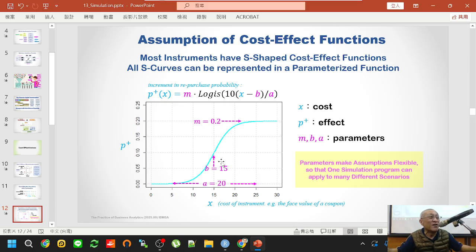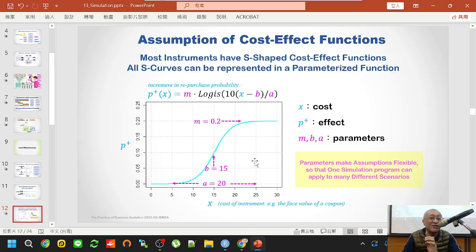When you have a wide S curve, it means that this instrument is sensitive to a large range of cost. When you have a narrow rising slope, it means that this instrument is only sensitive in a very short range of cost.